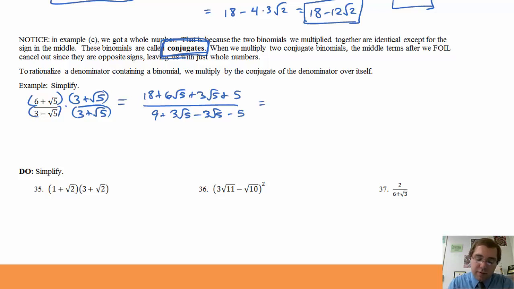So on the top, that gives me 18 plus 5, or 23, plus 6 radical 5 plus 3 radical 5 is 9 radical 5, over 9 minus 5 is 4, and the 3 radical 5 and the negative 3 radical 5 cancel. That's what I wanted to happen. That's why I multiplied by the conjugate, so that that would happen. And thus that leaves me with only a whole number on the bottom. And I am done.